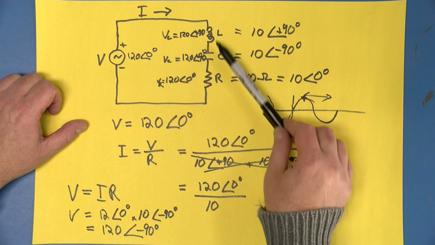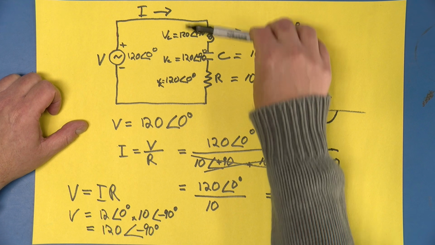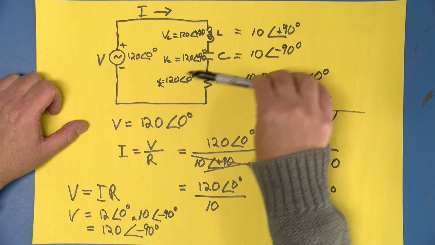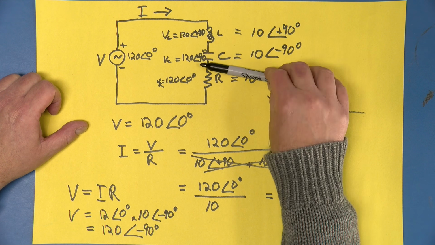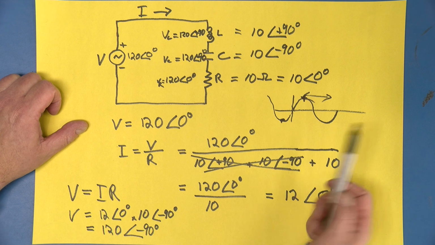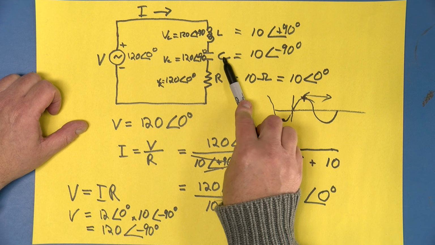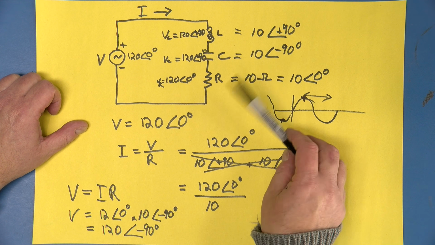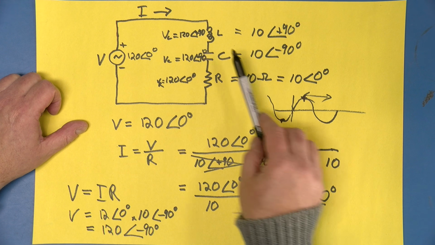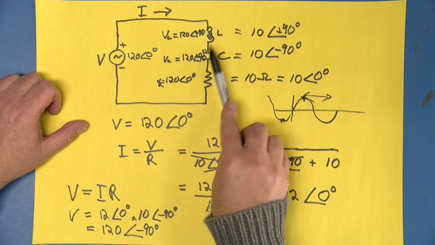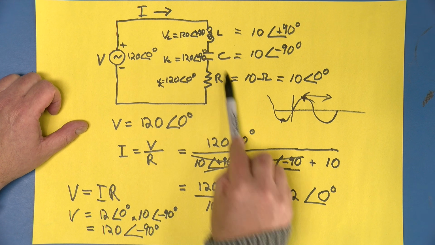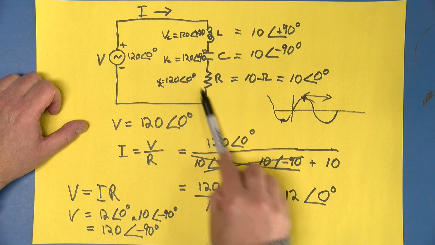When they're not equal and opposite, you start having a voltage drop across these two components, and so you get less voltage across the resistor. Well, that's how we tune radio circuits. We adjust the L and the C so that at the frequency of the radio station that we're interested in listening to, these two things cancel out, and you get the entire signal coming from the antenna going to the amplifier over here.